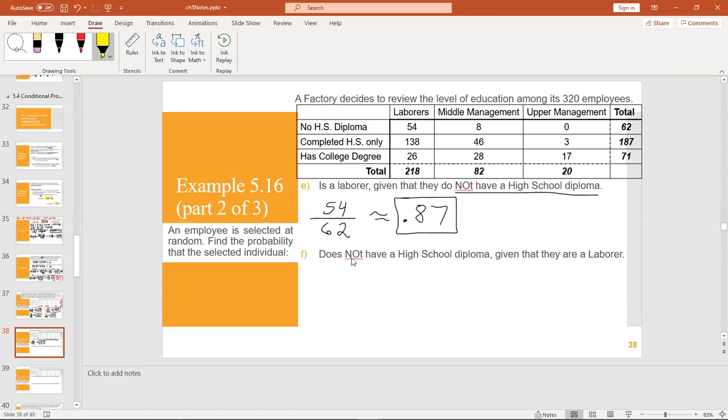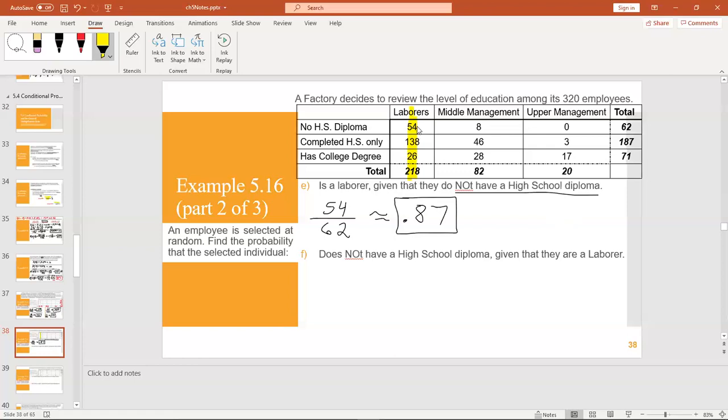Now, let's look at a slightly different scenario. What's the probability that someone does not have a high school diploma given they are a laborer? If it's given they're a laborer, we are only looking at the laborer column. What's the chance that they do not have a diploma?